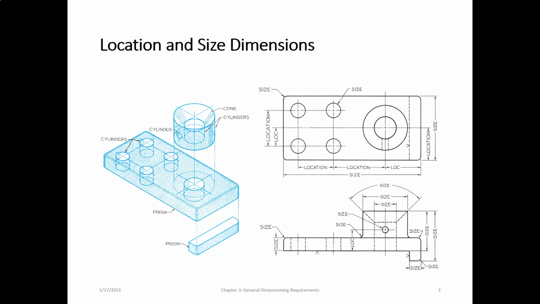So these are the three-dimensional geometric primitives: a prism or box shape, a cylinder, a pyramid, a cone, a torus, or a wedge. Okay, so those are the geometric primitives.